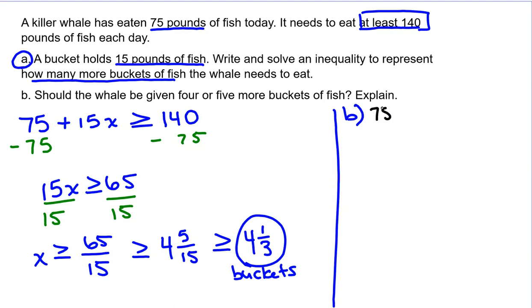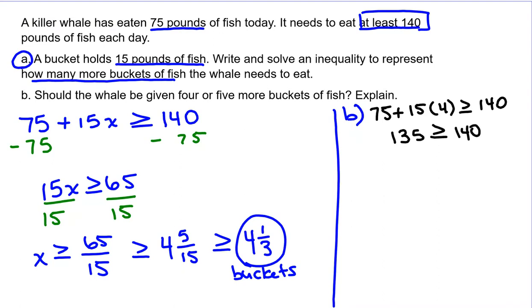So we're going to have 75 plus 15 times 4 is greater or equal to 140. Now, we know that 75 plus 15 is 90, but we need to multiply 15 by 4 first. So 15 times 4 is 60, plus 75 is 135.